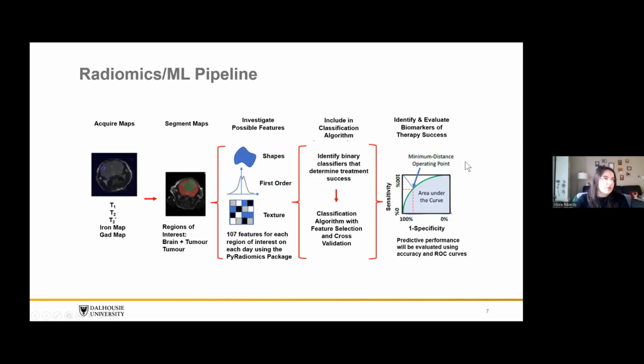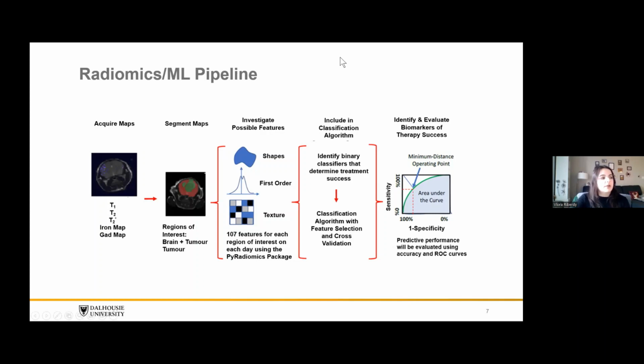So my radiomics and machine learning pipeline, basically what we do is we acquire the maps. So we have the T1, T2, T2 star, and also the iron and gadolinium maps from the MRF. We segment the maps. Our current regions of interest are the brain plus the tumor, what we identify as the whole brain, and then just the tumor itself.